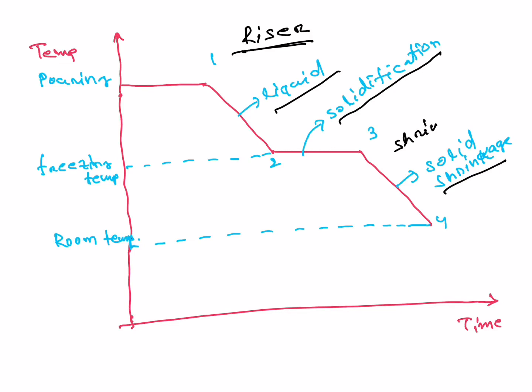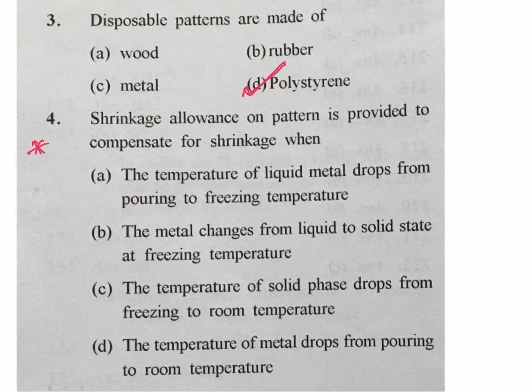Solid shrinkage compensated by shrinkage allowance. So from option we will check. Shrinkage allowance on pattern is provided to compensate for shrinkage. So solid shrinkage only.